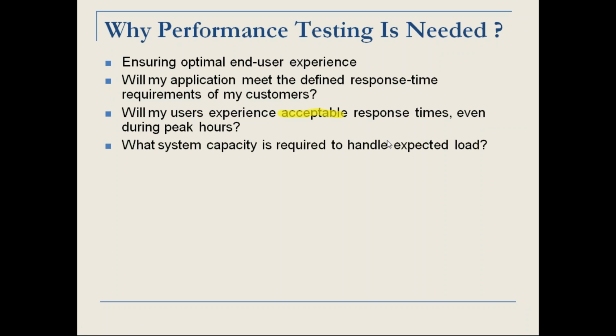What system capacity is required to handle the expected load? So when I do performance testing, yes, I am measuring the response times, how fast the application is working, which is one aspect. Another aspect is, for 1000 users, what capacity of my server is getting utilized. Okay, so this is also a very important metric.